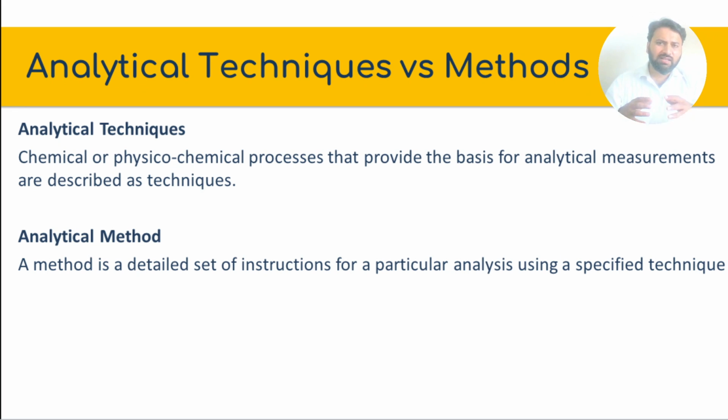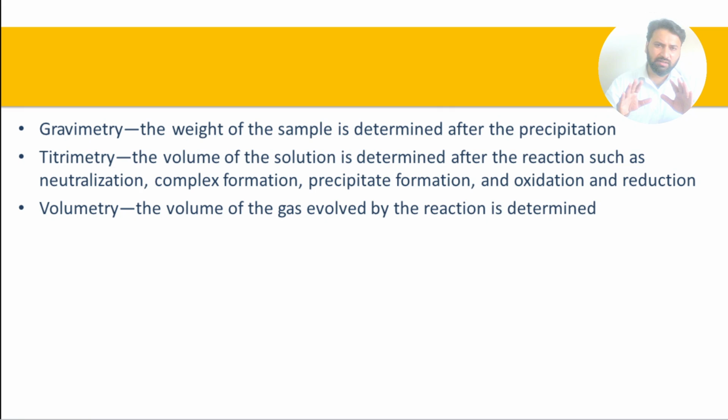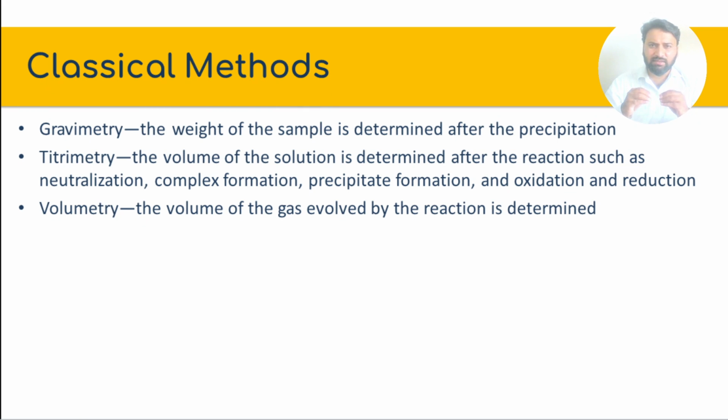Now let's discuss these techniques and some methods. We have just learned the difference between methods and techniques: a technique is a process of chemical and physicochemical nature, and the instruction for following that process is known as the method.